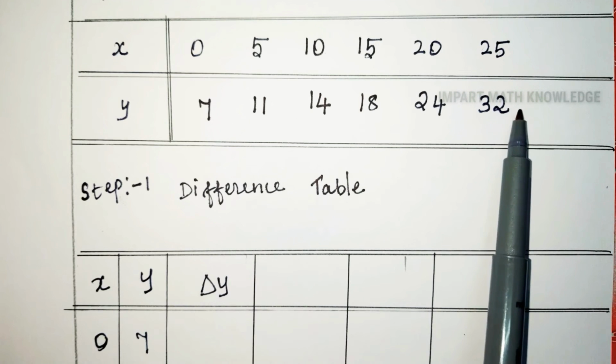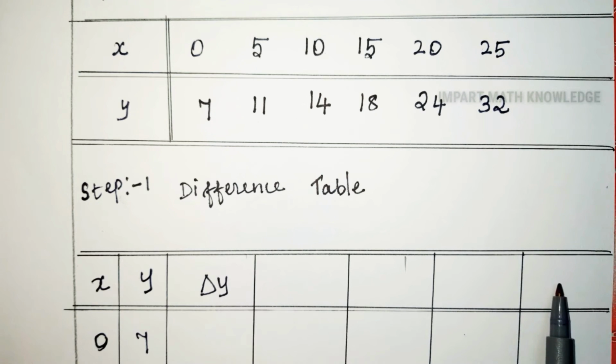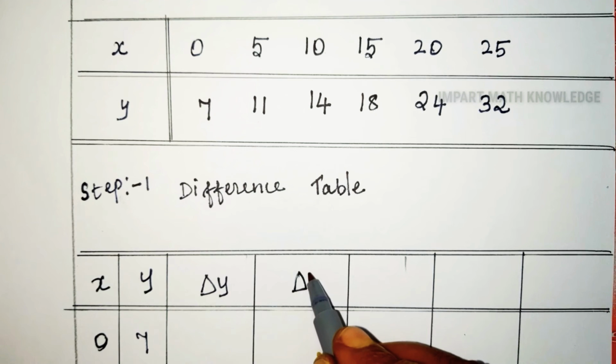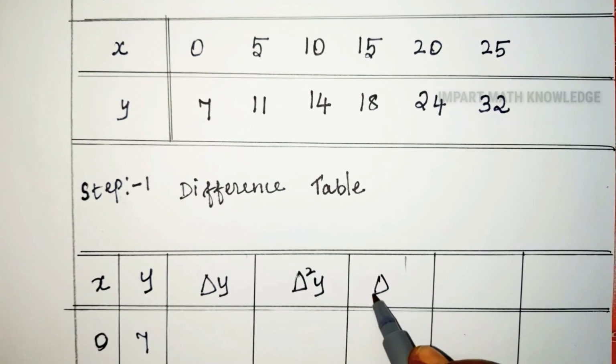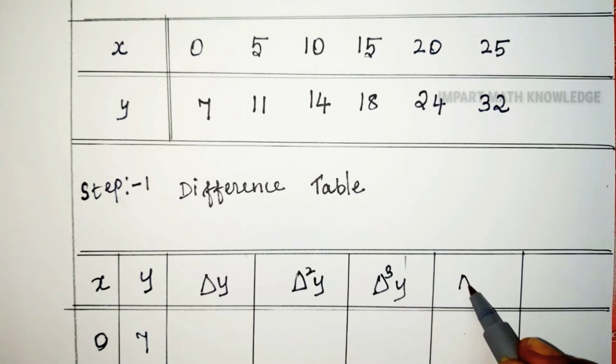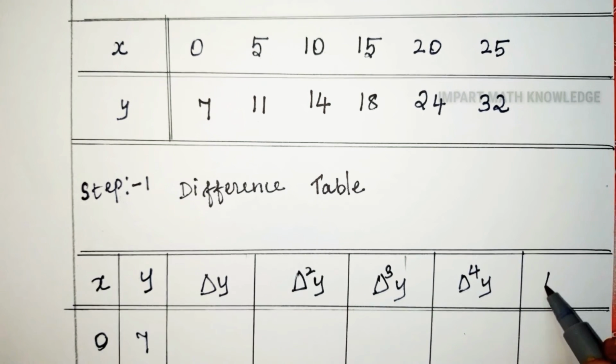We have 6 values, so we have to write up to del power 5. del y, del square y, del cube y, del power 4 y, del power 5 y.